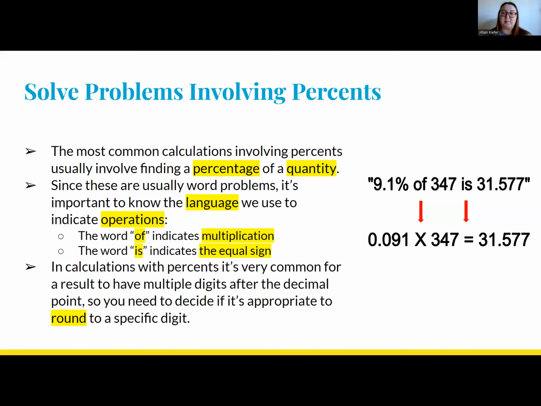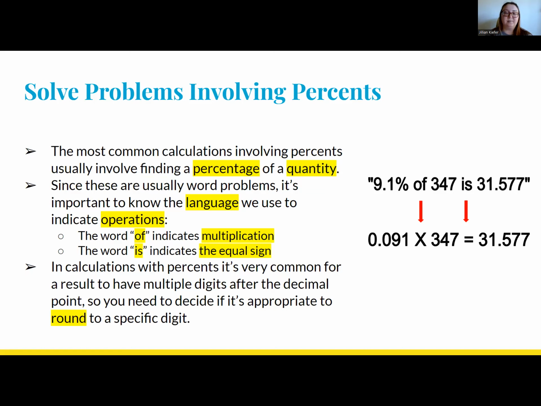Which leads us into solving problems involving percents. The most common calculations involving percents usually involve finding a percentage of a quantity. On this example over here, we have something like 9.1% of 347, which is 31.577. So finding a percentage of a quantity, like what's 10% of 500?